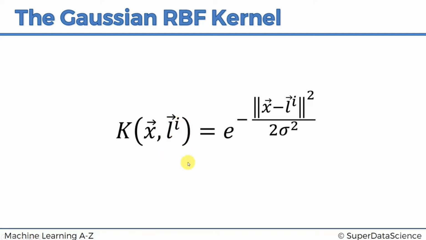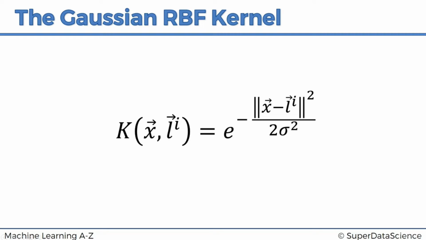The i means there might be several landmarks, but we're not going to worry about i for now. We're just going to look at this as a landmark, and that equals e to the power of minus the double vertical lines, which mean the distance between x and the landmark, squared, divided by 2 sigma squared.